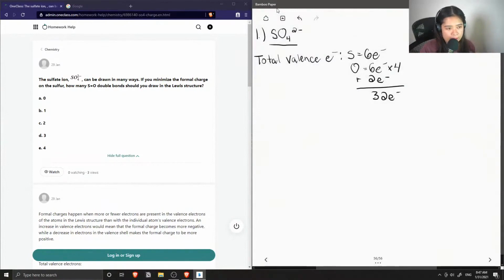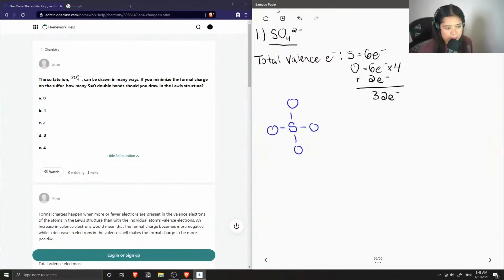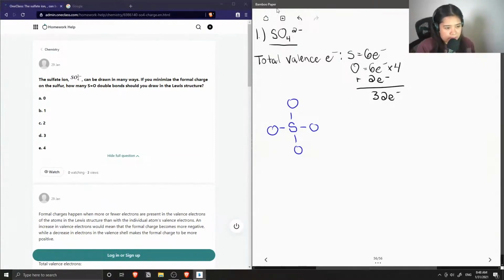So now let's draw sulfur as our central atom. And then I'm just going to draw 4 single bonds to the oxygens. Okay, so notice how none of these oxygens have a full octet yet.